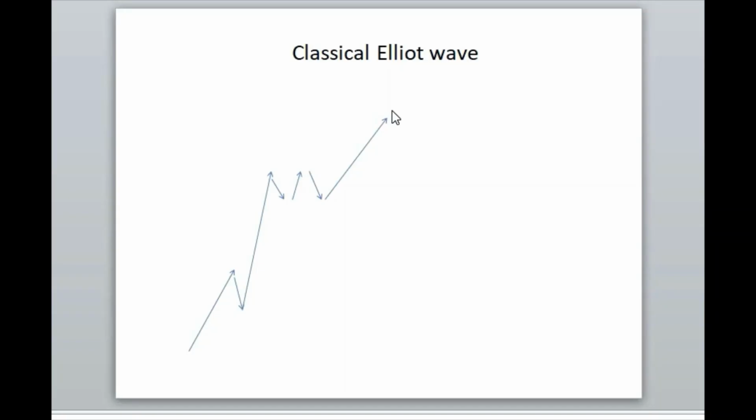If the third wave was a long one, the fifth wave with higher probability will be a short one. But very rarely it may be possible that two impulse waves are long. Therefore you have to learn to count these kinds of waves too.